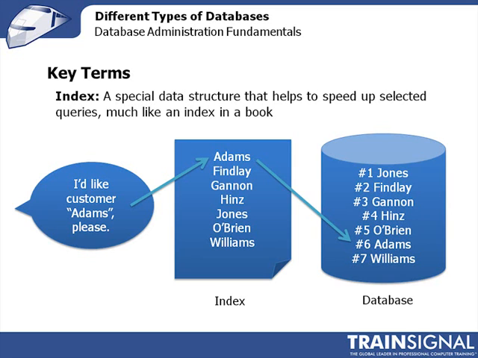The index can be listed alphabetically if that's how we want it, and so it's easy for the database to quickly go straight to the customer named Adams and then use that as a cross-reference to look up the actual customer record by its ID number.